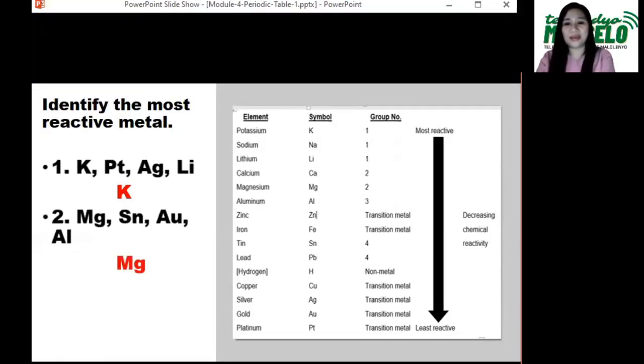And for number 3, which is the most reactive among silver, calcium, sodium, and iron? The answer is sodium. Very good. Who among you got a perfect score?